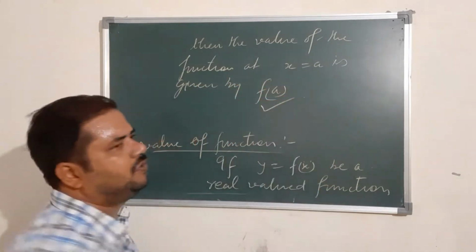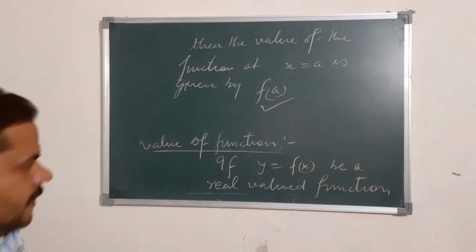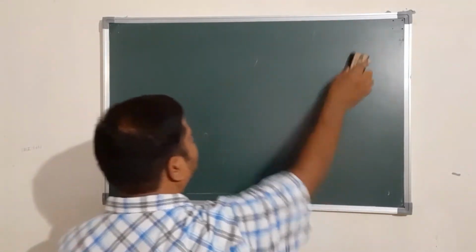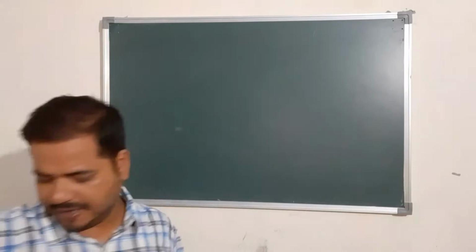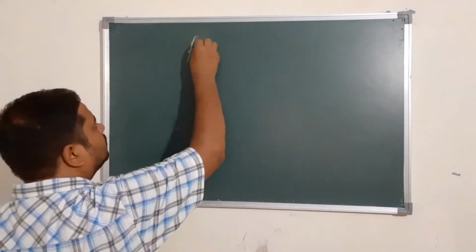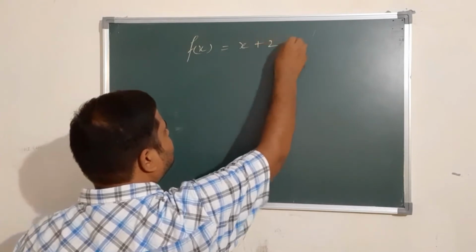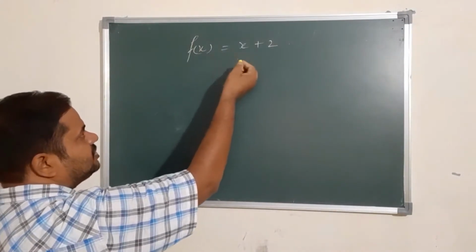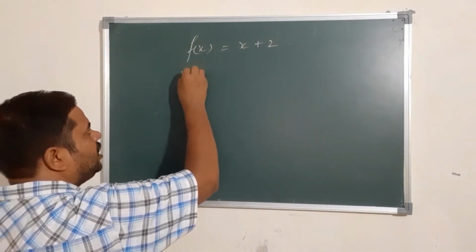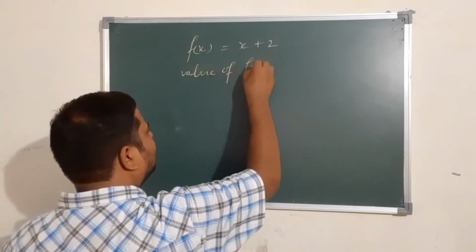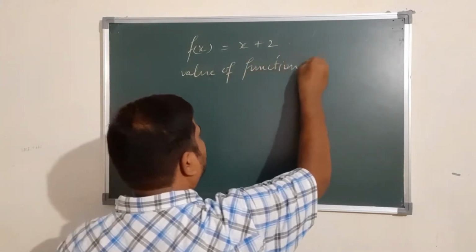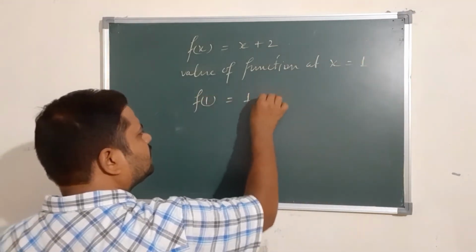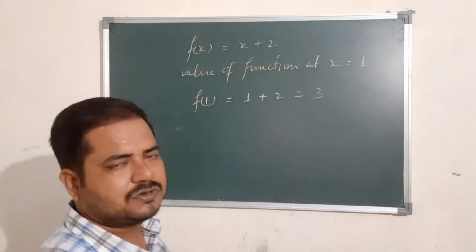This is the value of the function. For example, suppose we have the function f(x) is equal to x plus 2. Then the value of the function at x is equal to 1 is f(1), which is 1 plus 2, that is 3.